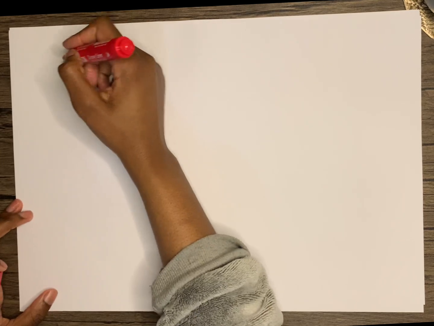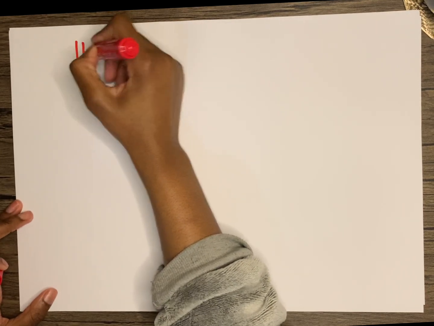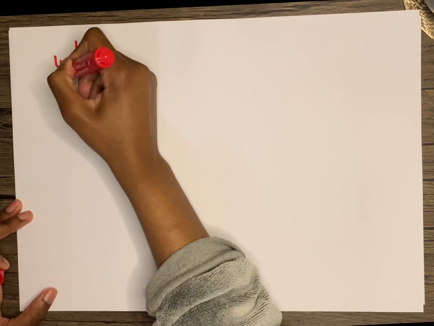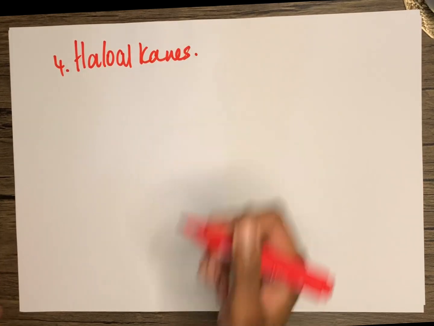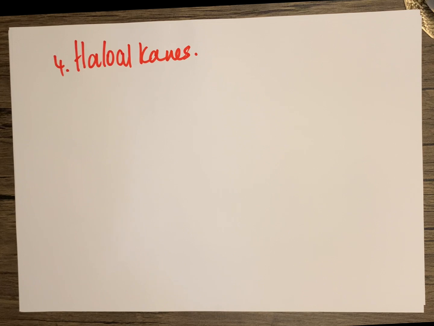So we can have what we call substituents, like you heard I've been saying. So we can have what we call haloalkanes. Let's call this number 4. Haloalkanes. So with haloalkanes, think of it like a certain branch of a family.